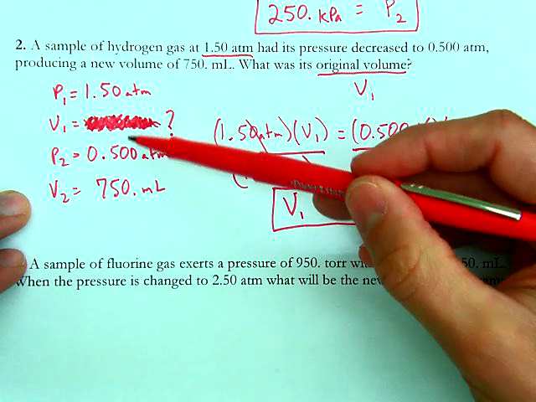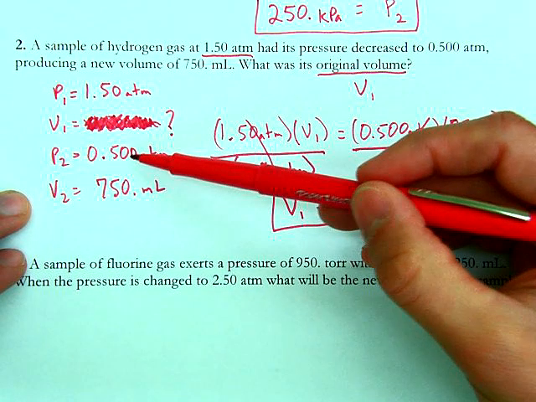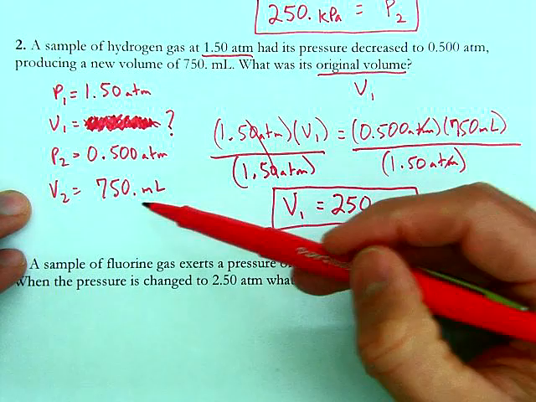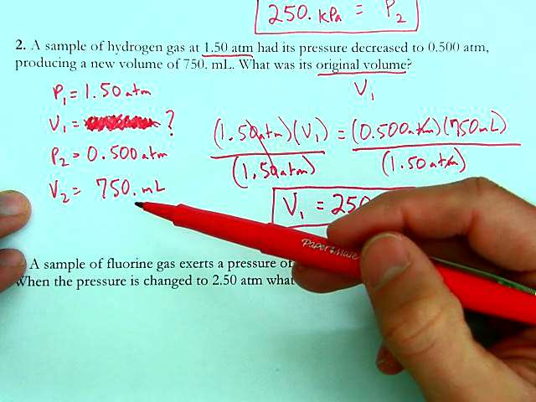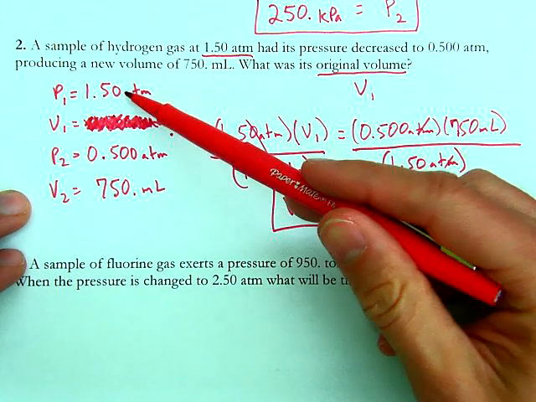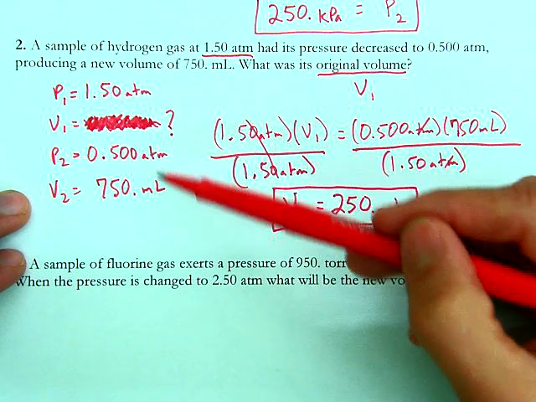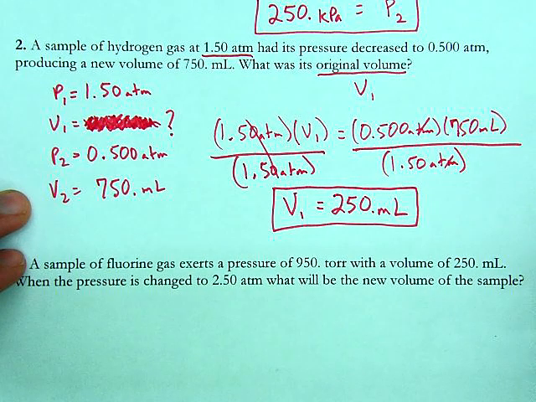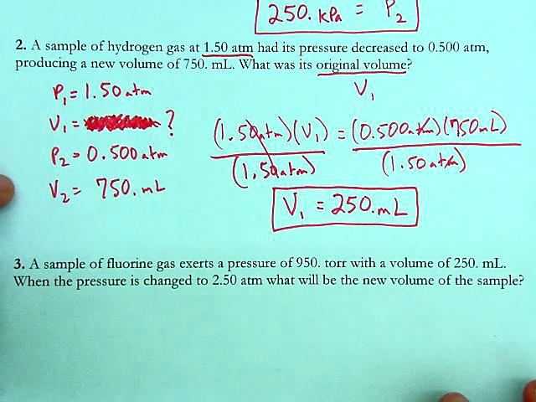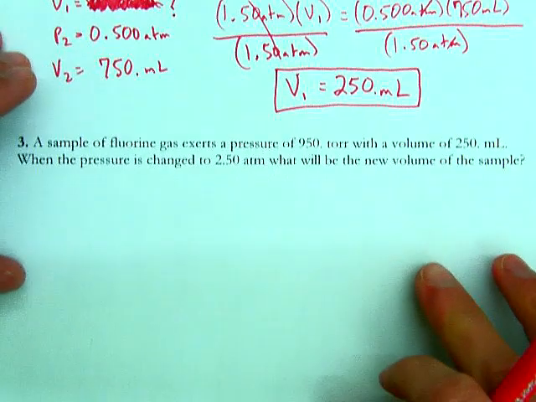And if the pressure decreases by a factor of 1/3, our volume going from 250 to 750, which is 3 times as great, makes sense, right? If the pressure decreases to 1/3 of the original, its volume increases to 3 times the original. Again, inversely related.